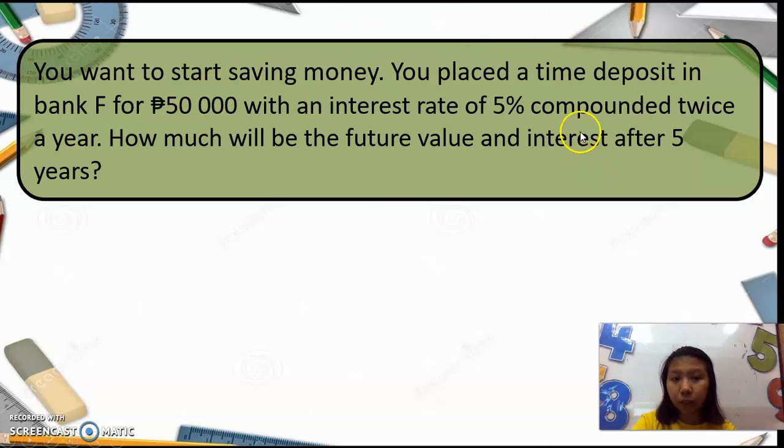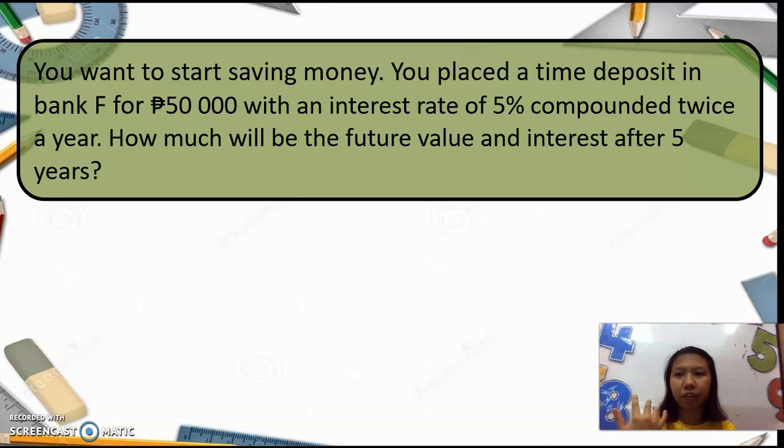Okay, so as I have said a while ago, the difference between the problems about simple interest and compound interest is that in compound interest, we have words such as compounded twice a year. So when we say compounded twice a year, therefore we have two compoundings every year.